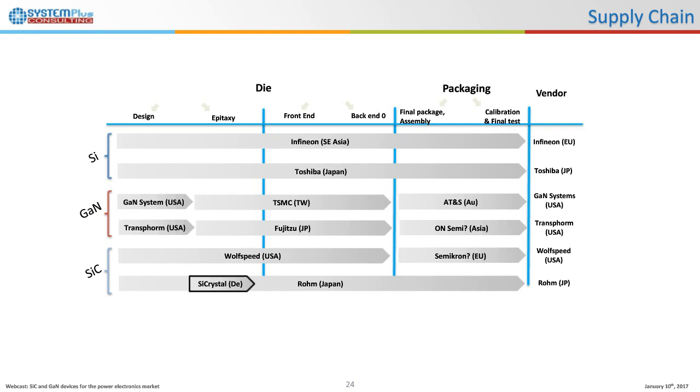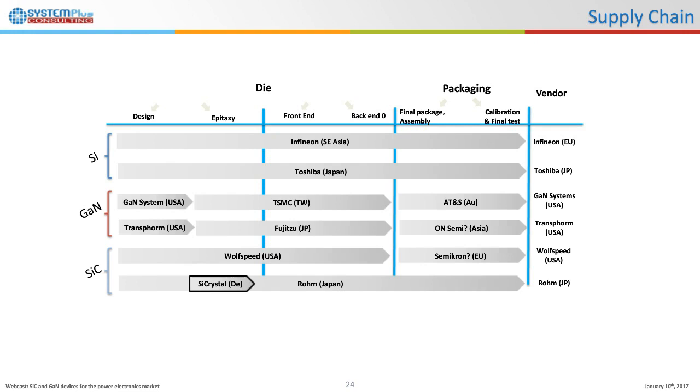As for gallium nitride, in our cost analysis we have to consider that often the design is performed by the vendor, but the epitaxy and the front end, obviously a different technology, are done by another company, and the packaging again by another manufacturer.